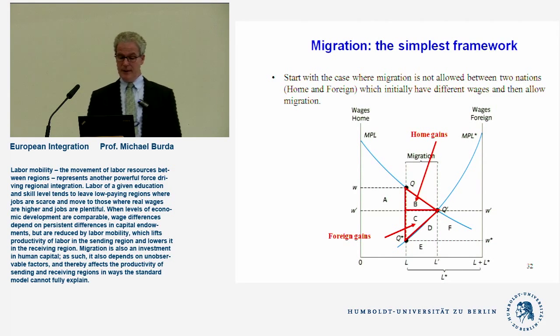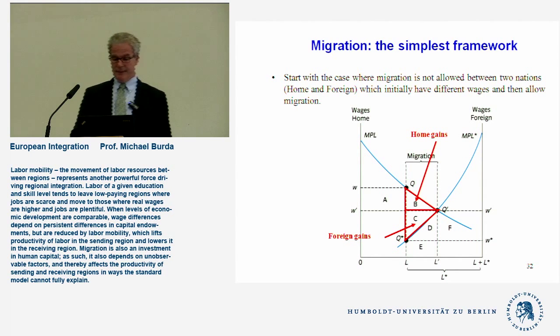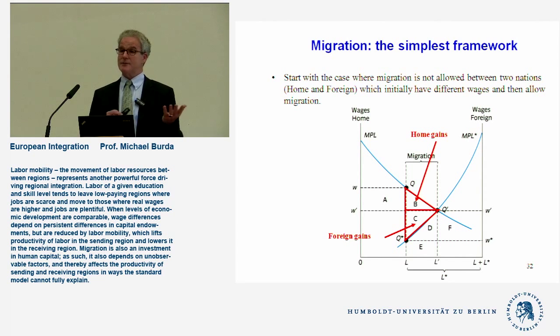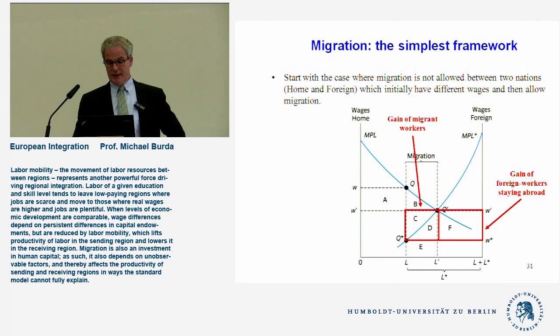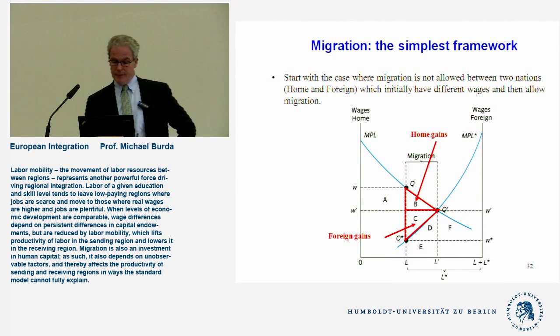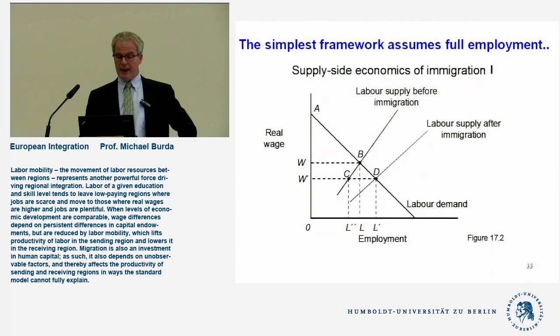The workers in Finland and the capitalists in Poland do lose, and even if it's a transfer, still a loss. Again, the gain of the foreign workers staying in Poland would be F plus D, and then you have the gain of efficiency that's brought about because of the migration in point C. This is the easiest way to understand this.